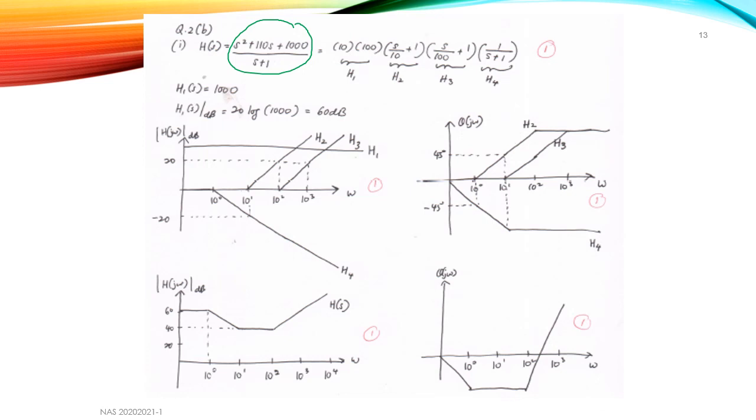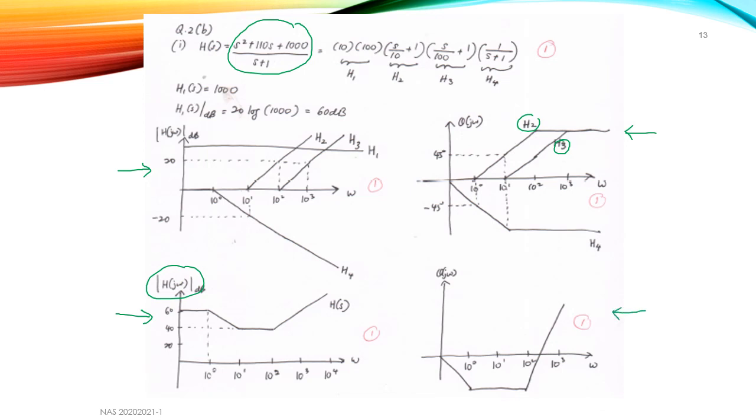This is basically the sketching of all the components, and this is the summation of the magnitude plot, and this is the sketching of the phase of the individual components. You can see that H2, H3 and so on represent the individual phases, and this is the summation of the phase of the given transfer function.